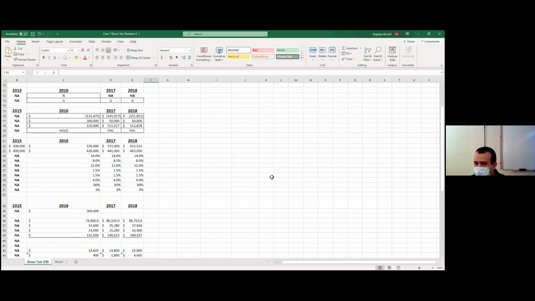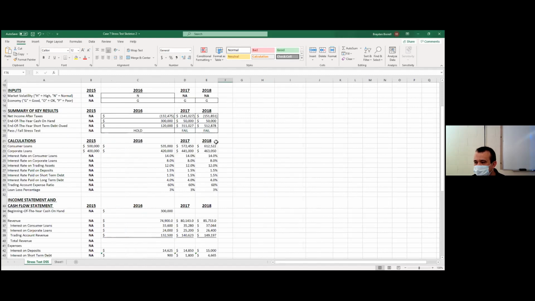Okay, can you move left so I can see the labels as well? Yeah, hold it there. One second, I'll try to double check what he has.